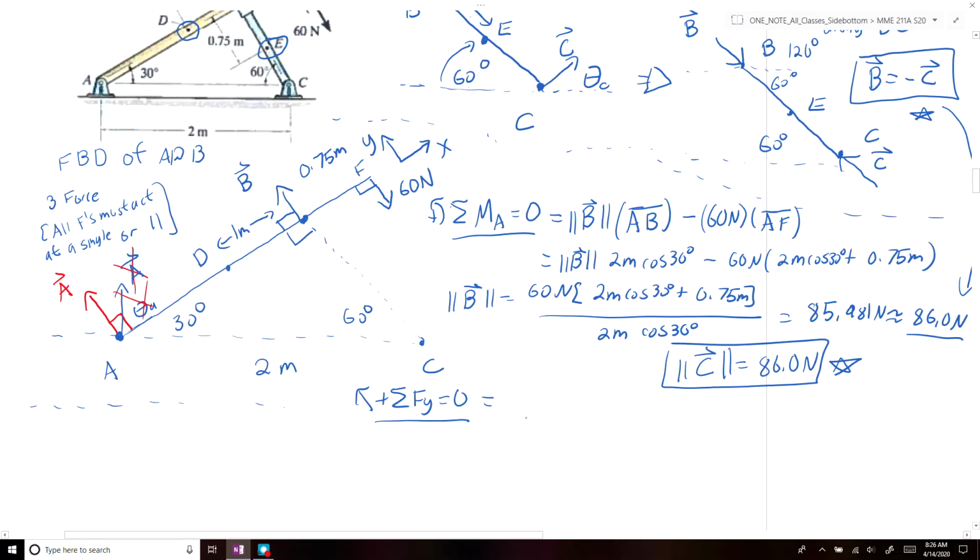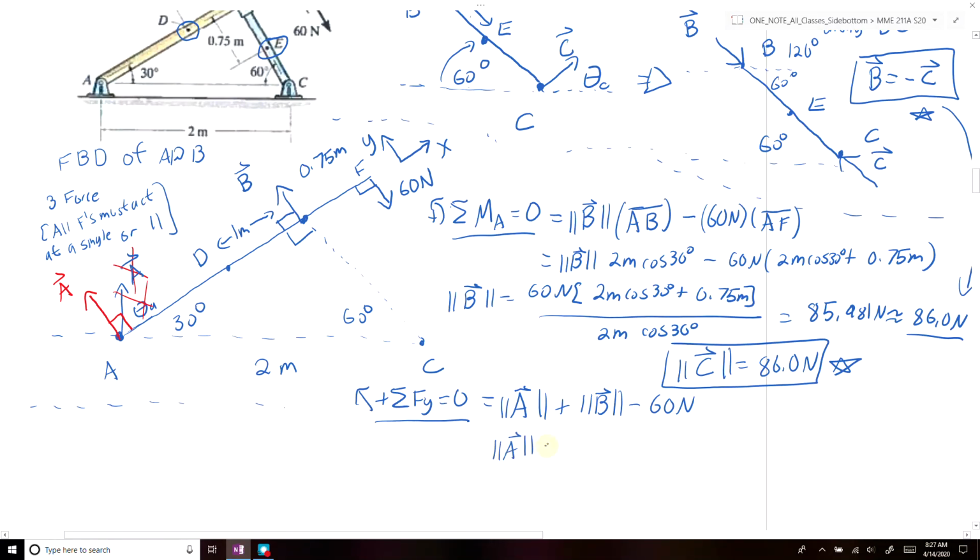And what we'll end up getting is the magnitude of A plus B, the magnitude of B, minus 60 newtons.